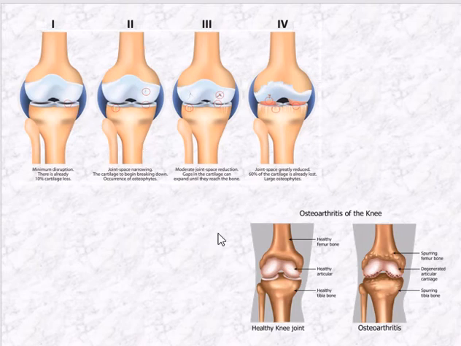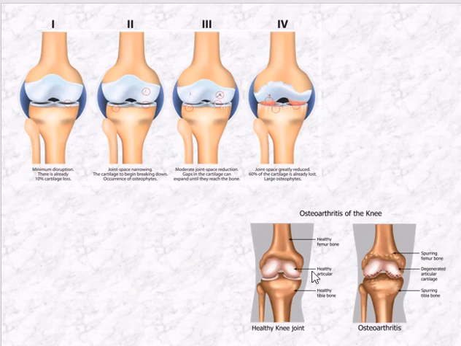In stage 2, there is joint space narrowing, the cartilage begins breaking down, and osteophytes occur. In stage 3, there is moderate joint space reduction, and gaps in the cartilage can expand until they reach the bone. In stage 4, the joint space is greatly reduced, 60% of the cartilage is already lost, and there are large osteophytes.